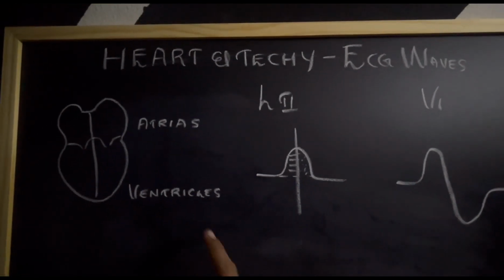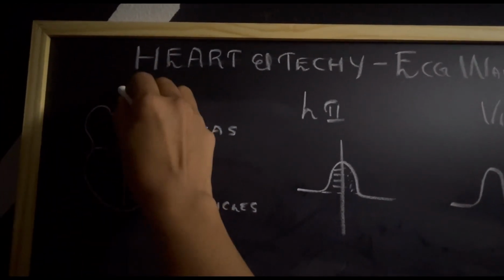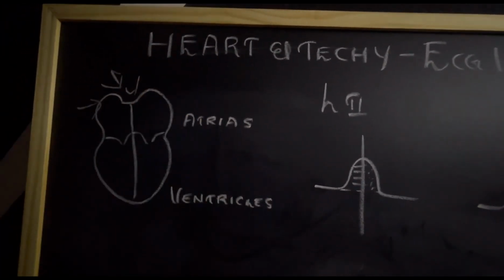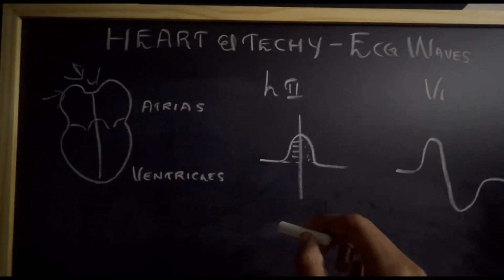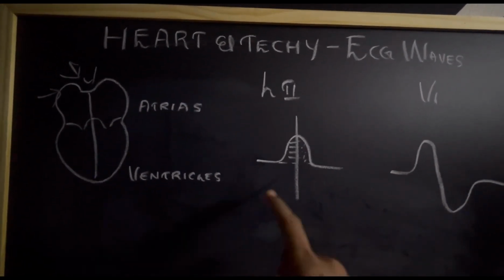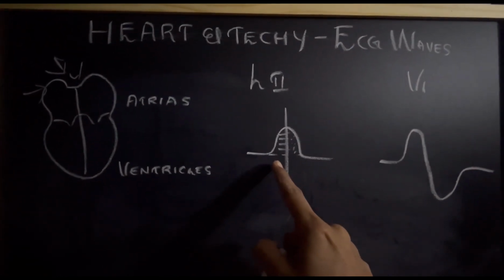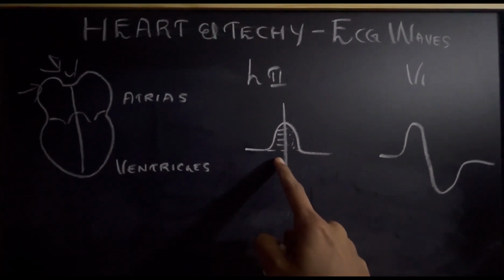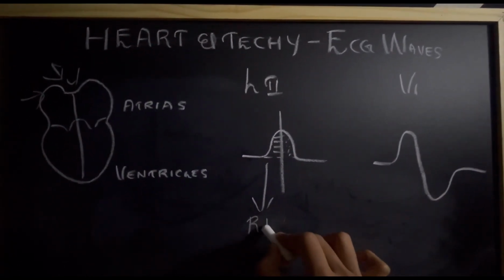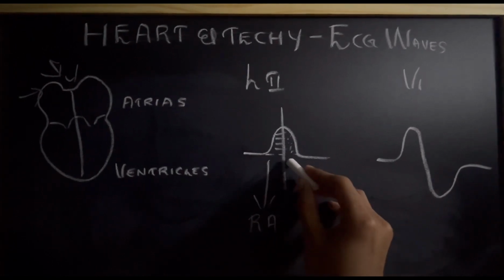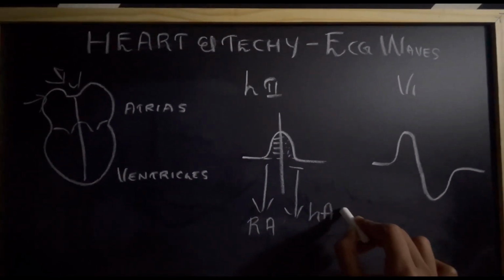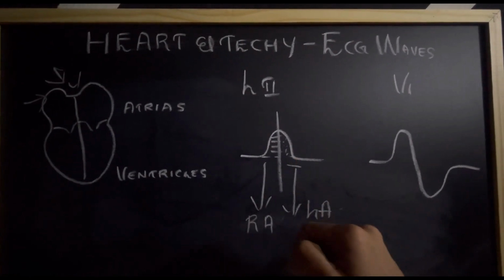If the right atrium contracts first compared to the left atrium, there will be some delay between the atria. So the right contracts first, so the first portion is the deflection from the right atrium, and the second half represents the contraction of the left atrium, the electrical signals arising from the left atrium.